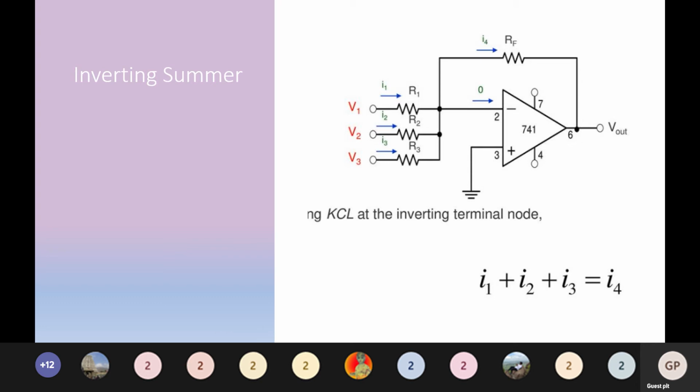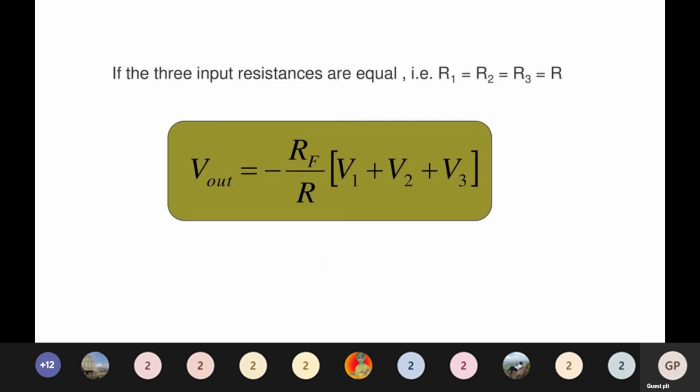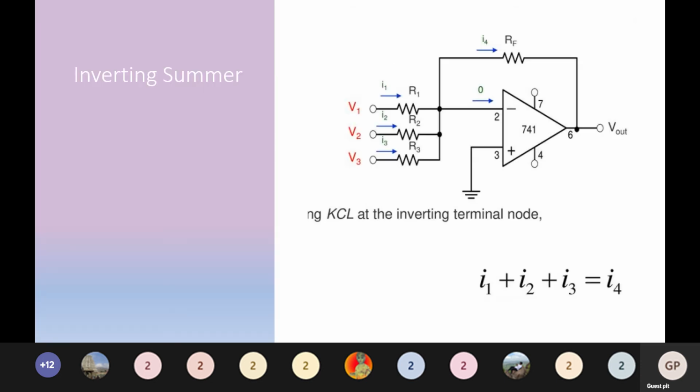So the sum of currents entering the node is I1 plus I2 plus I3, and the one that is flowing out of the node is I4. Okay. So let us write the expression for this. What is I1, I2, I3, I4, all those things. So I1 is V1 minus Vi divided by R1. I'll go back to the circuit. See, I1 is the current here.